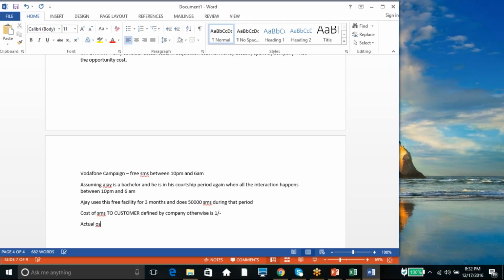So actual cost to company of one SMS, 1 paisa. So total cost spent. So for them, the acquisition cost was 500.